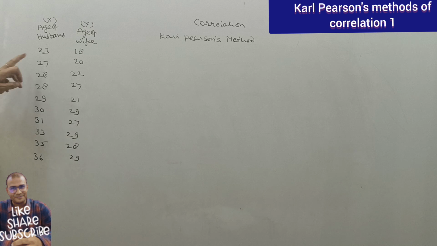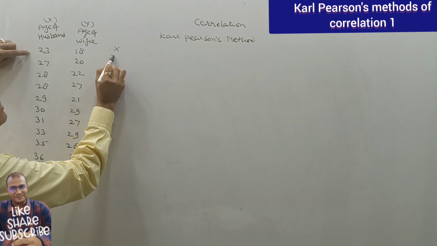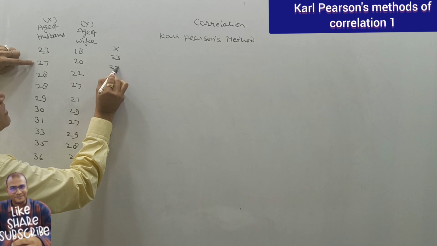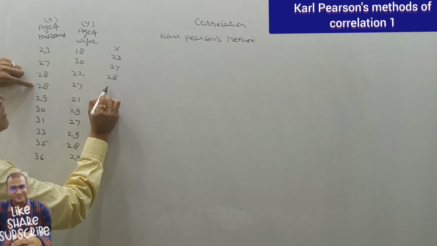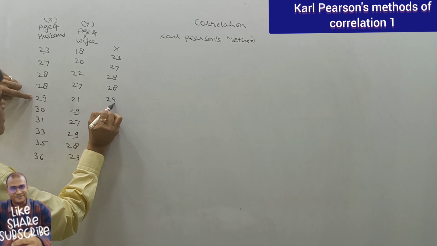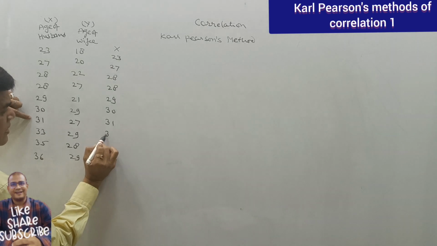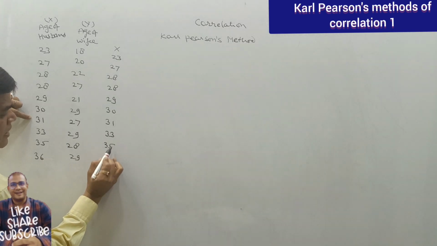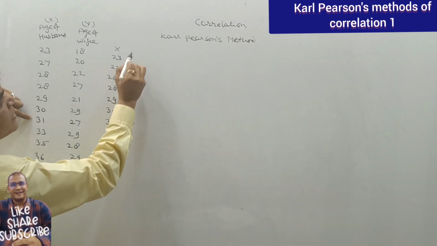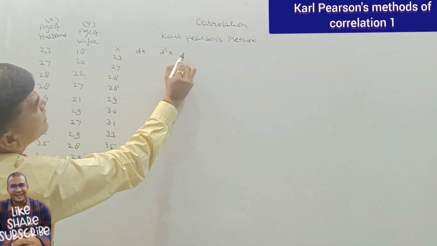This is our X series and this is our Y series. Writing the X series: 23, 27, 28, 28, 29, 30, 31, 33, 35, and 36. We need dx and d square x.